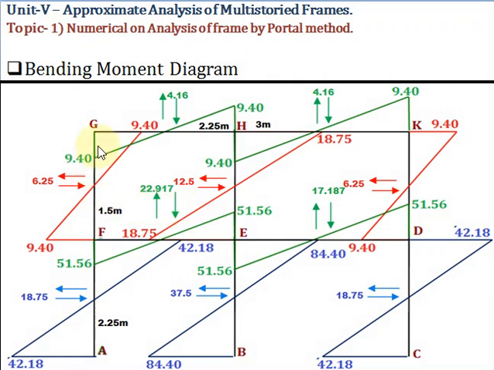Now for the column, okay, we are considering the horizontal force. So this is nothing but H3. So value of H3 is what? 6.25. Okay. Now here, how this will be rotating, like this. So here this will rotate like this.